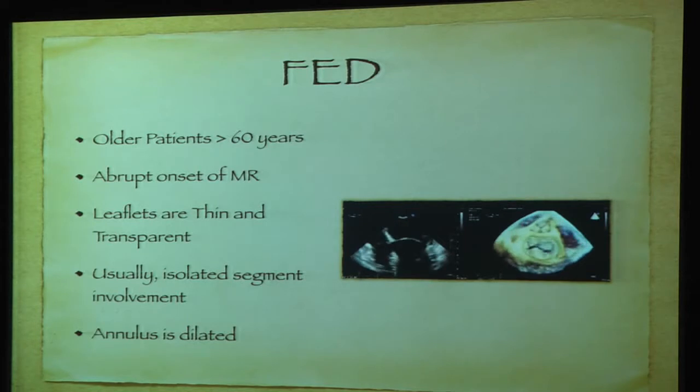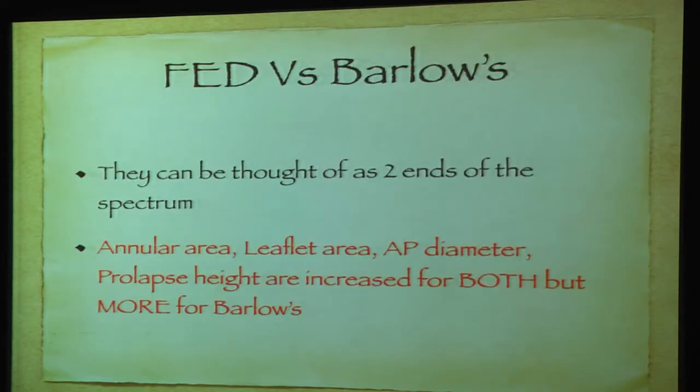The leaflets are thinned out and transparent, versus the thickened, myxomatous-looking lesion. The annulus is dilated, of course. So the difference between the two is, again, two ends of the spectrum. They both have an increase in the annular area, the leaflet area, the AP diameter of the leaflet, and prolapse height. They increase in both, but they're much more exaggerated in Barlow's disease versus fibroelastic deficiency.